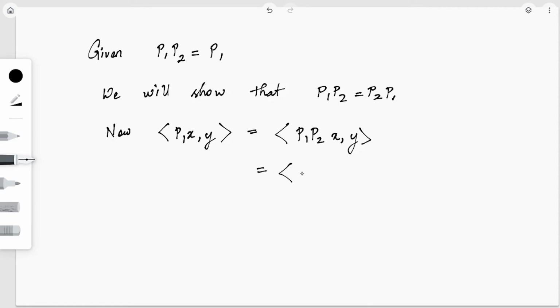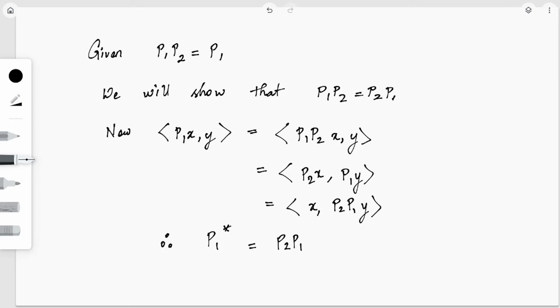Now this is equal to P2 of x comma P1 of y, that is equal to x comma P2 P1 of y, right? So what I get is P1 star is nothing but P2 P1. Okay, P1 star is equal to P2 P1.